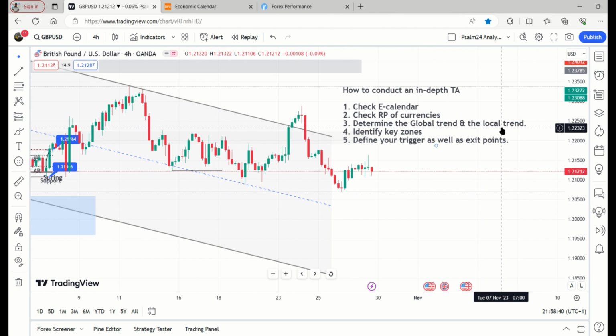So you need to analyze the broader global trend and the local trend specific to the currency pair that you are trading. Global factors include geopolitical events, economic conditions, and market sentiment, while the local factors may involve country-specific data and policies.